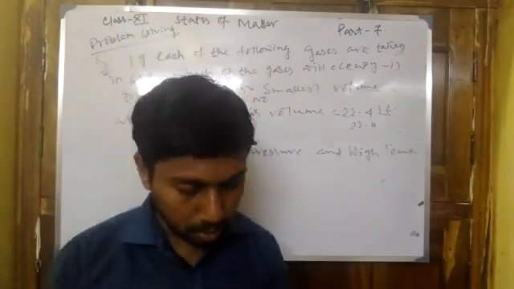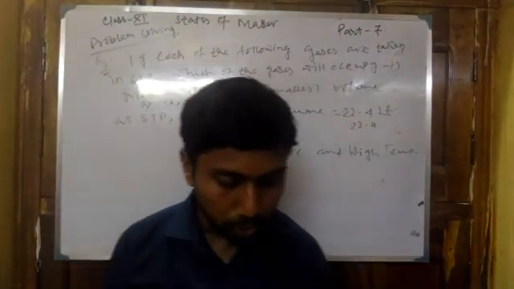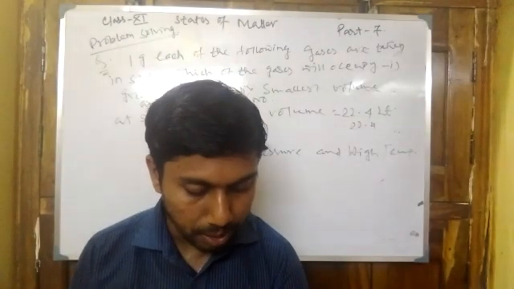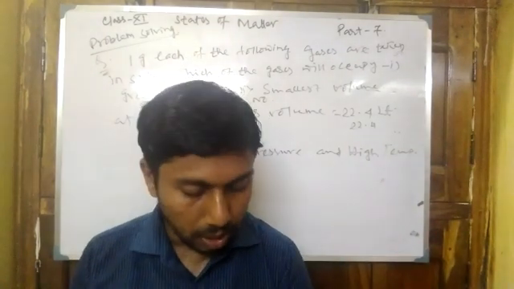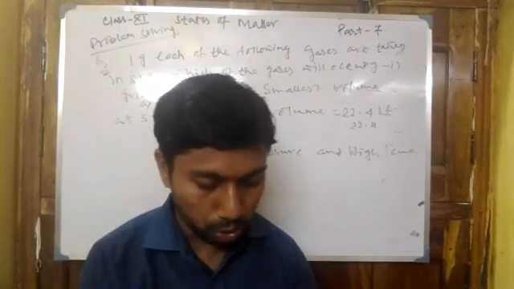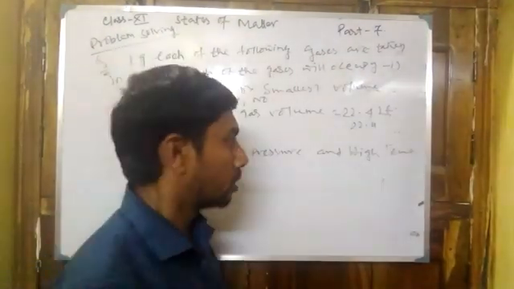What is the value of the universal gas constant? R is the same for all gases. What is the physical significance of R? Now first of all, R equal to PV by nT.